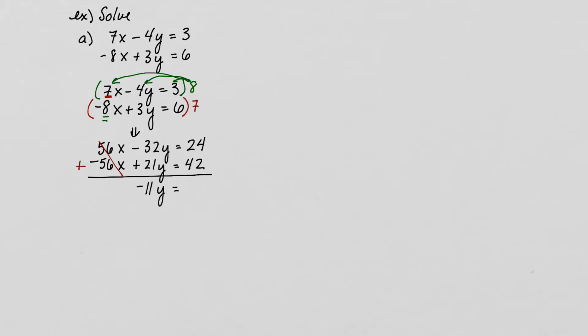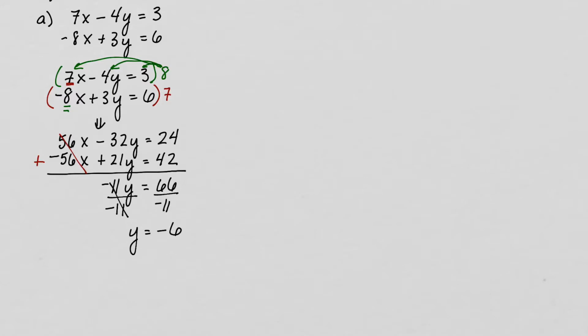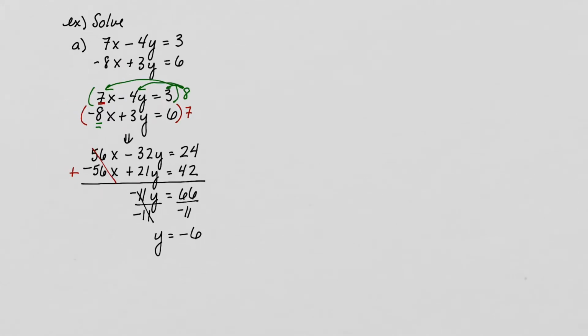So negative 11y is equal to 66. And if I divide both sides by negative 11, I end up with y being equal to negative 6. And now, if I take that and plug it back into one of the original equations, it doesn't matter which one.